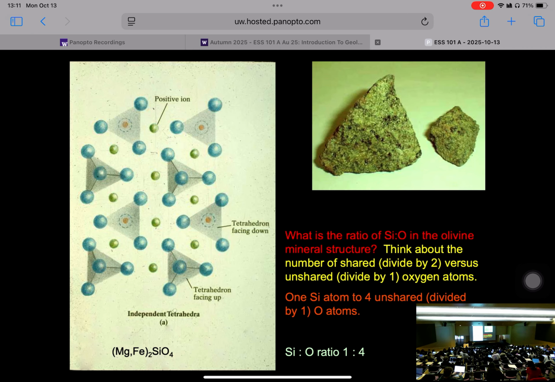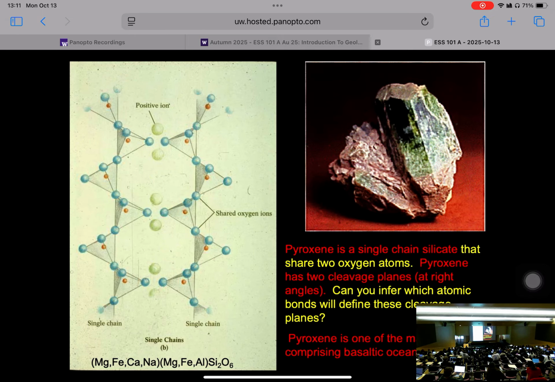Pyroxene, because of the chain structure, you'll notice that there's a plane here with ionic bonds, and then what you can't see because of the two dimensions here, this oxygen atom is also unshared. There's also a plane out here of ionic bonds that can be broken. So there's a plane here and a plane here. So pyroxene has two weakness planes at 90 degrees because of its chemistry.